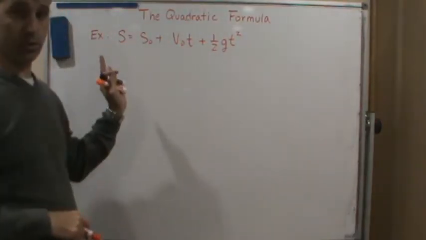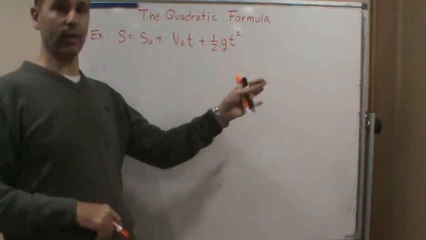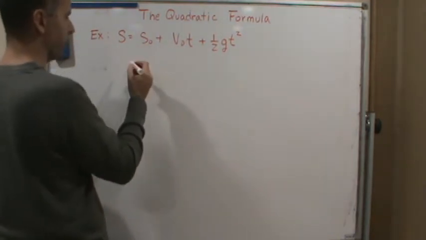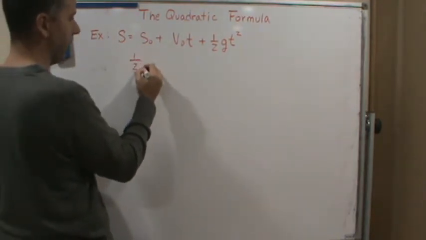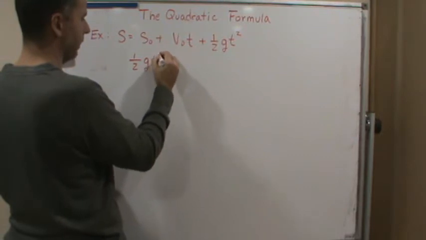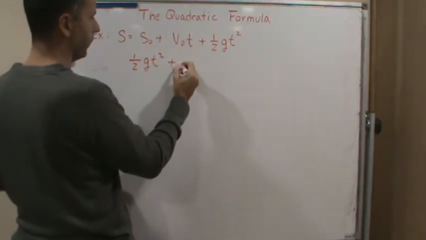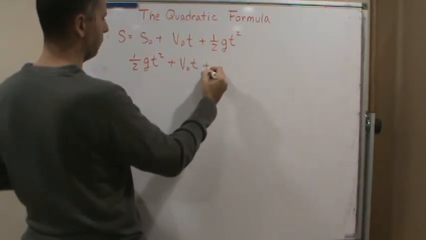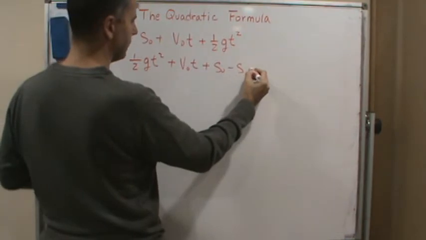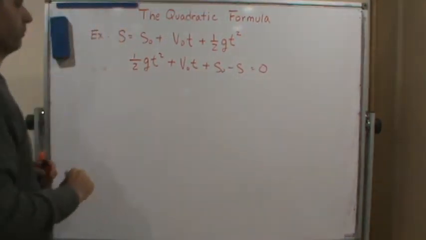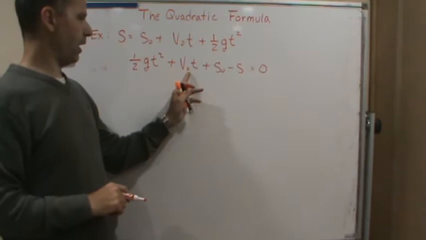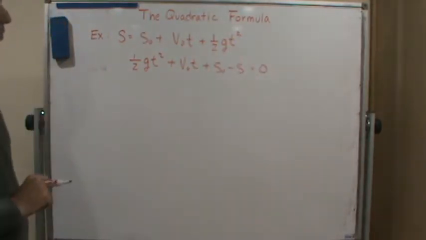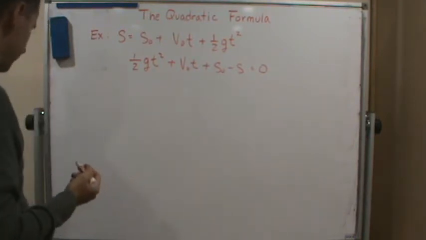So first of all, to use the quadratic formula, we've got to have everything on one side, right? So it's got to be in standard form. So we're going to move the s over here. We're going to write this as 1/2 g t squared plus v0 t plus s0 minus s equals 0. Okay? So we call this v0 and s0. Now, how do we deal with this?